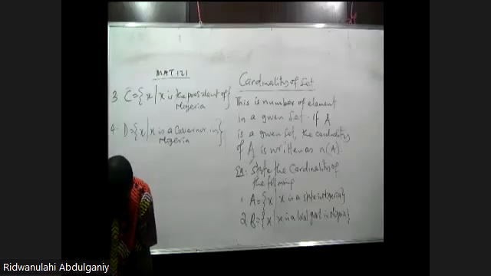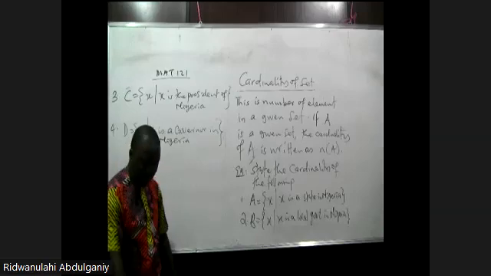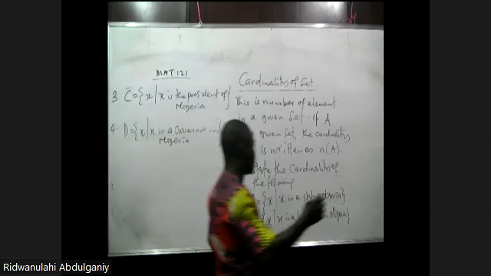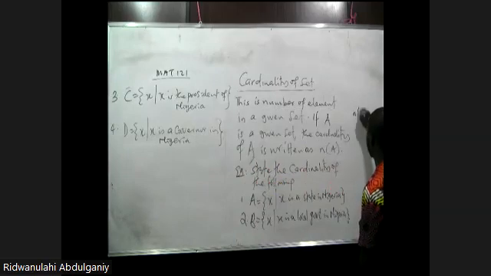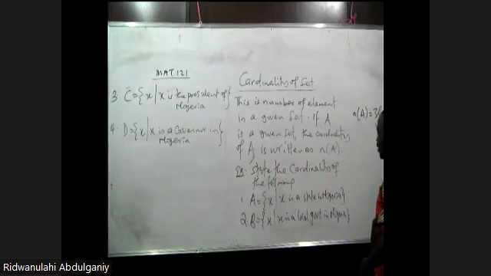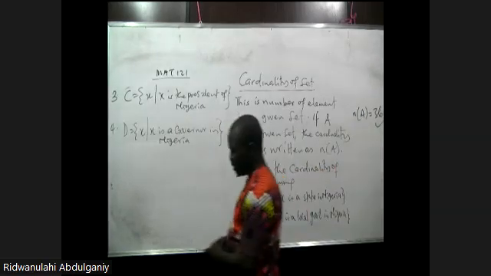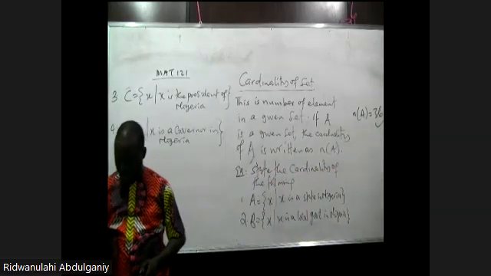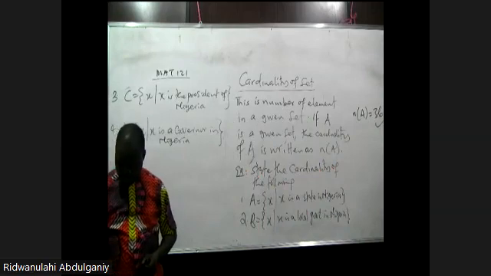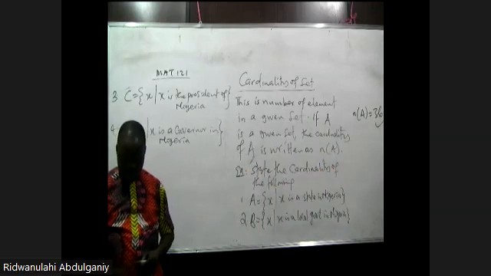How did you get that? Because in Nigeria, we have 36 states. Correct. There are 36 states in Nigeria, so if A is the states in Nigeria, the cardinality is 36.